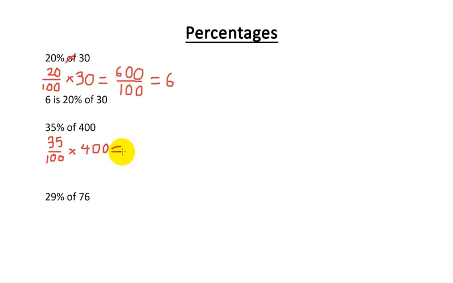Let's do 35 times 400. 4 times 35 makes 140 with 2 more zeros at the end, so that's going to be 14,000 over 100.